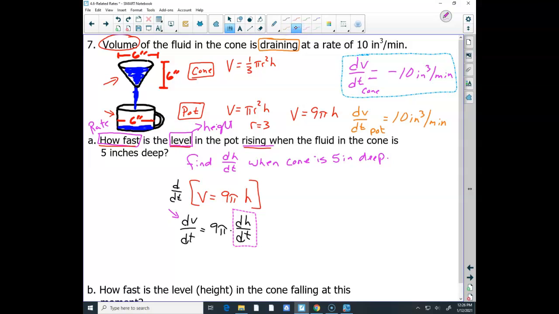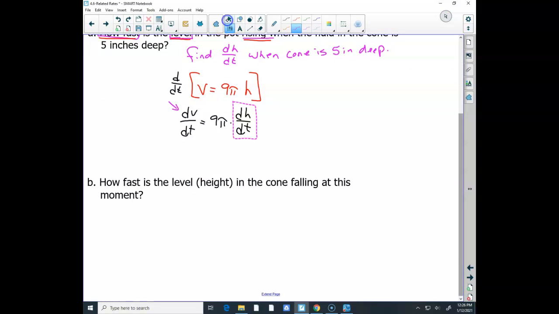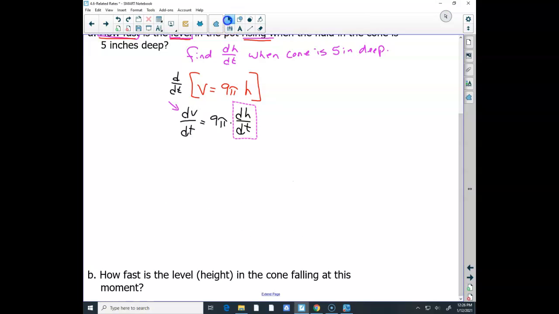Okay? So then I do have everything I need, because here's my dV/dt of the pot, and that's all I need to solve this guy. I'm going to get these out of here for a second.